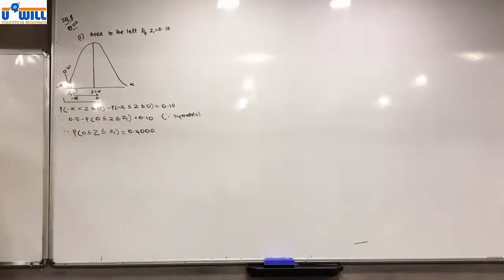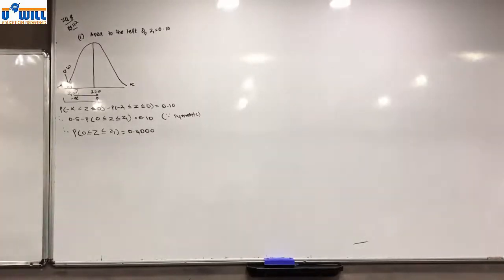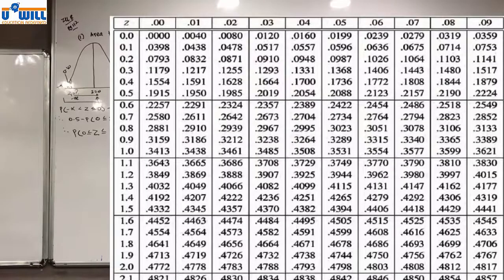So 0.4000. Now what we will take, we have to find out, do we get exact 0.4? What we are getting is 0.3997, that is 1.28, and 0.4015, that is 1.29.